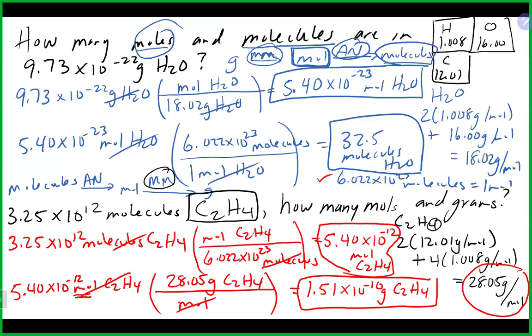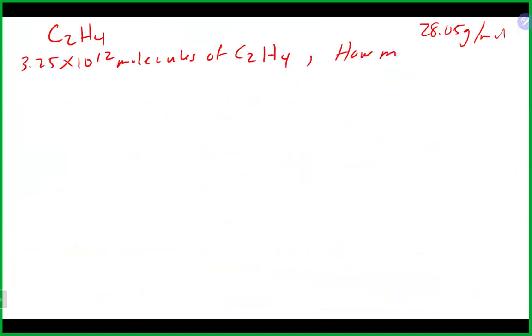We had molecules, 3.25. So we'll use the 3.25 times 10 to the 12 molecules of C2H4. Now, what I want to know in this case is how many grams of carbon is that?